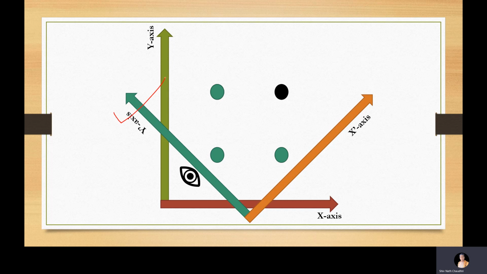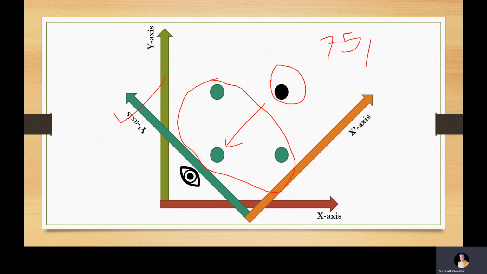So this is our y-dash axis and these 3 points are visible from y-dash axis and this is still hidden behind this green point. So the visibility from y-dash axis is also 75%. In this case, since y-dash axis has more information, this is our principal component 1 and the remaining is principal component 2.